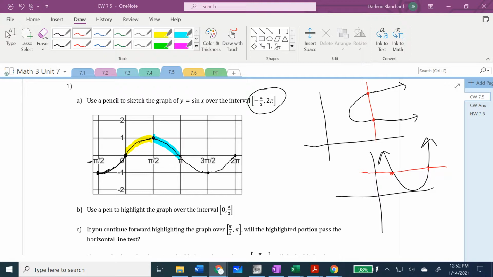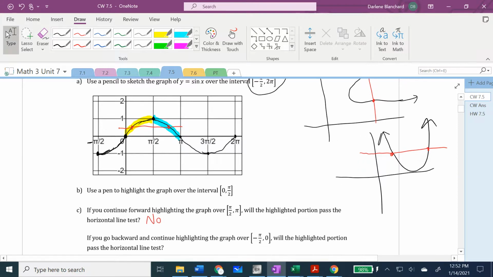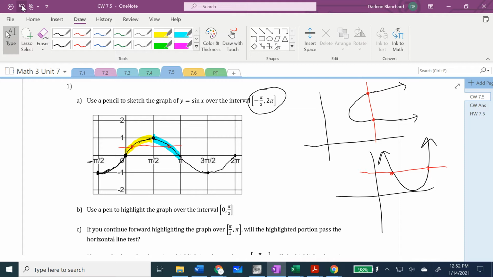So would this pass the horizontal line test? No. So the answer is no, that would not pass the horizontal line test. So now I'm going to erase those. Put the word no back on.